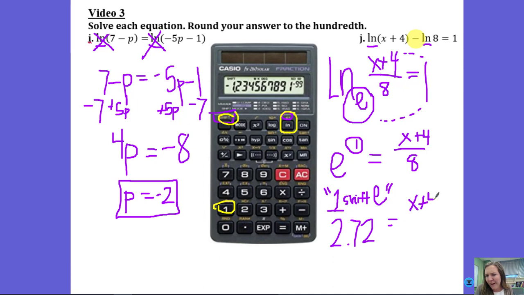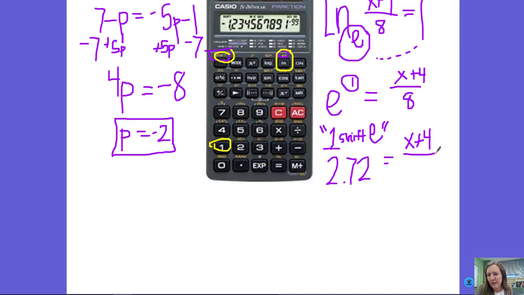Whenever I have this division going on, I want to get rid of my division. To get rid of the division, I multiply by what's in the denominator. So I'm going to multiply the left side by 8, multiply the right side by 8. If I take my 2.72 and multiply that by 8, you're going to get 21.76.